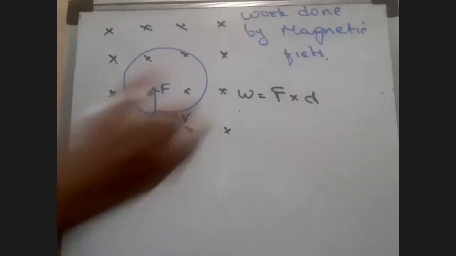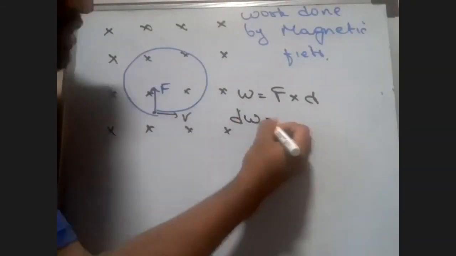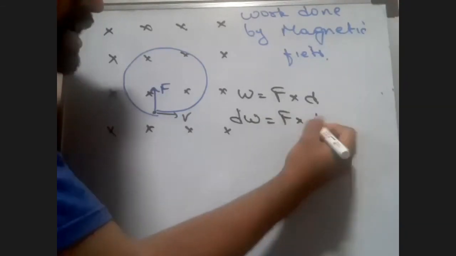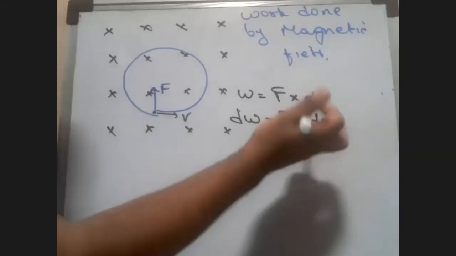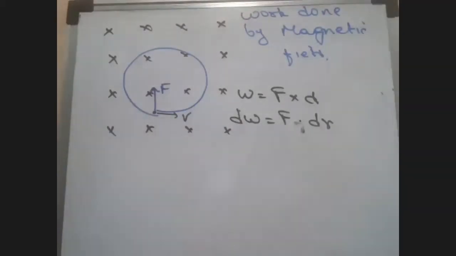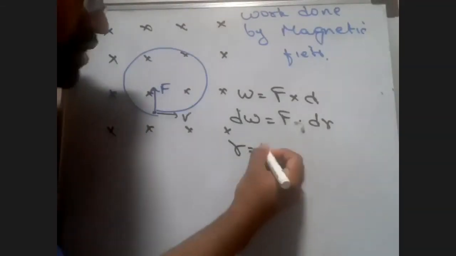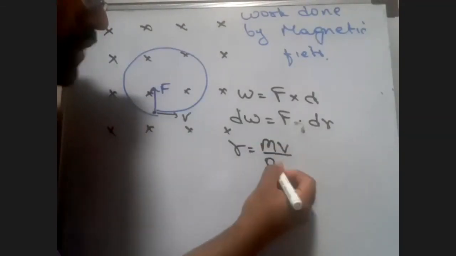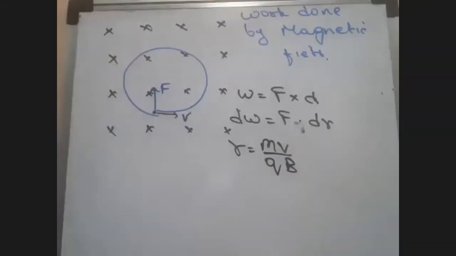So dW is going to be F dot dr. And what is r, students? r is equal to mv upon qB. This is what we found out. So what is the work done in this situation? Students, can you tell me?